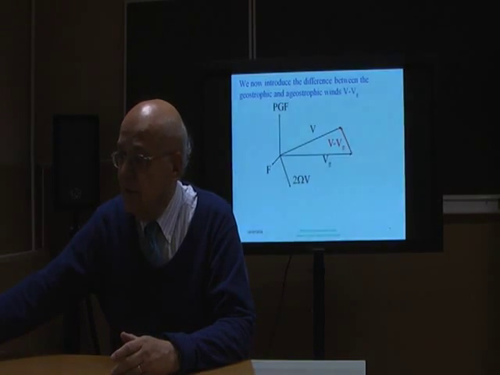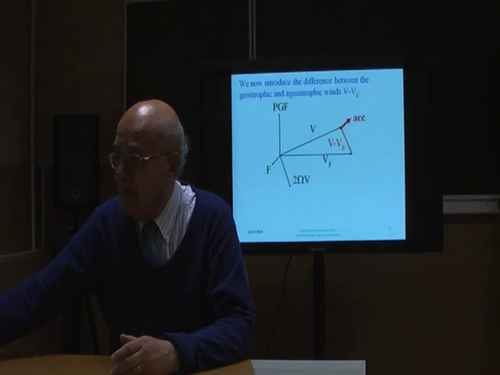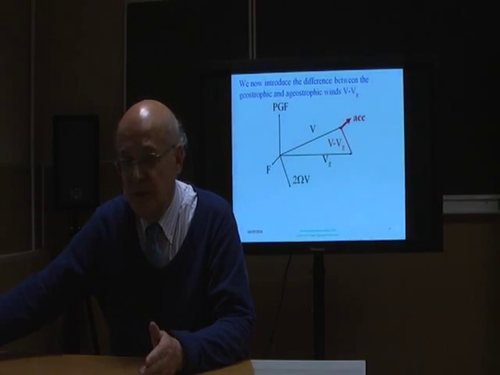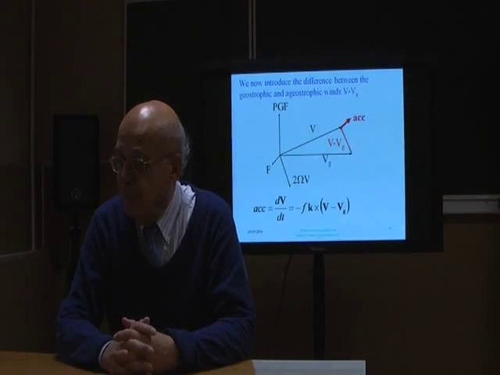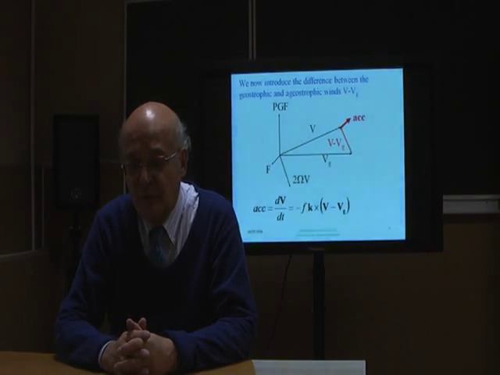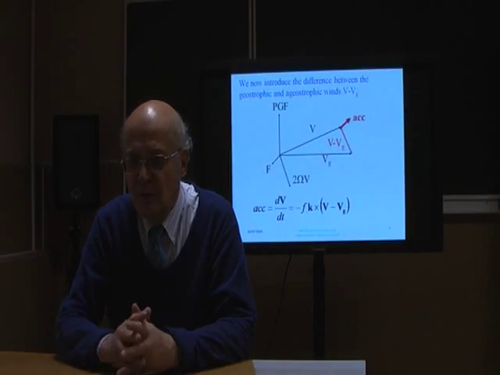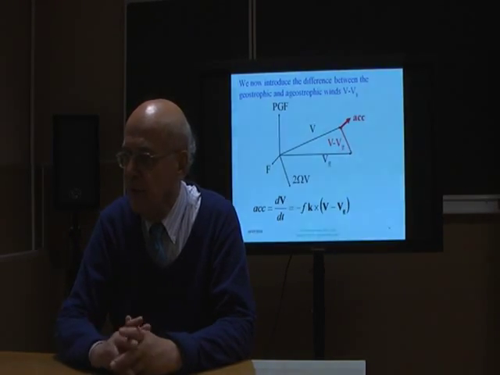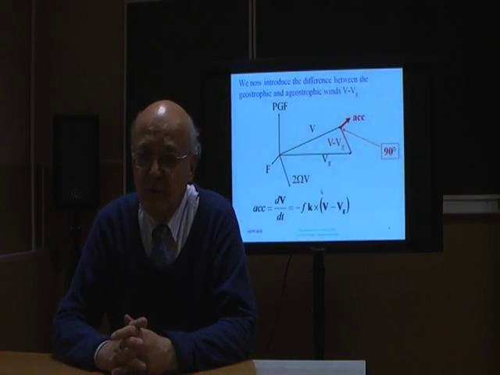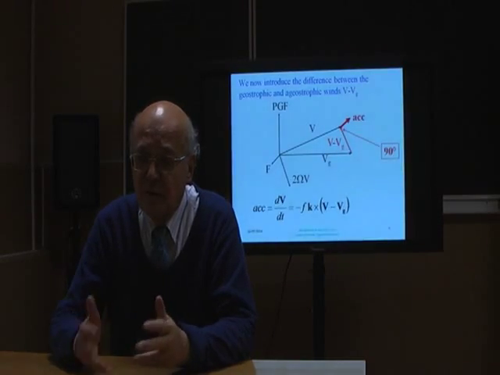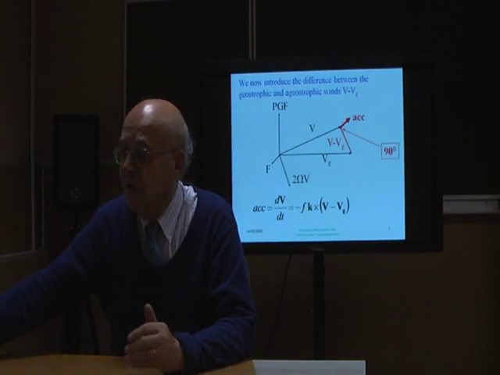Now the very interesting thing is that the acceleration I talked about previously is actually mathematically a rather beautiful consequence of the ageostrophic wind, the V minus Vg. It's called the ageostrophic wind component. Because this is a cross product, it tells us that this acceleration is perpendicular to the ageostrophic component. Now all this sounds very mathematical, but the consequence again is interesting.